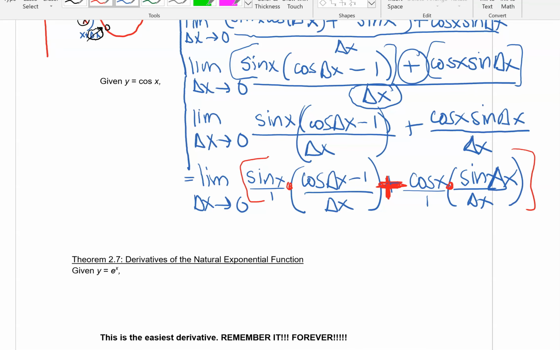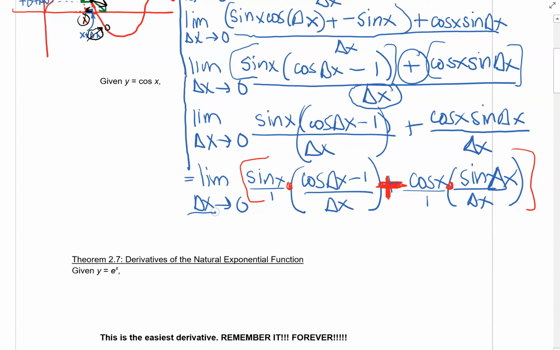Well, if the limit is with respect to delta x, then it doesn't really have any effect on x, right? Delta x was a different value. It was the change between x and x plus delta x. So it's not affecting x at all. So the limit as delta x approaches 0 of sine x is just sine x. It didn't change with the limit because it's x, not delta x.